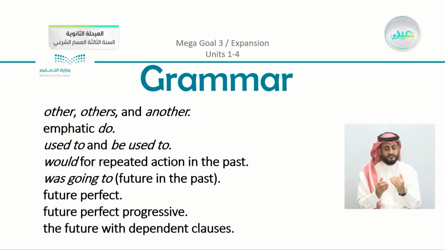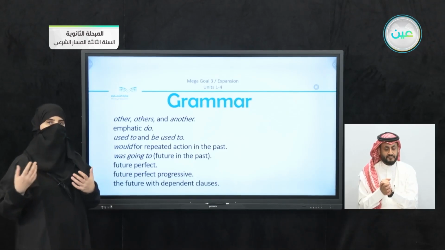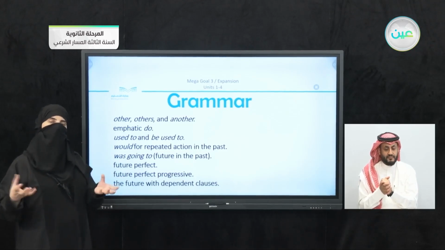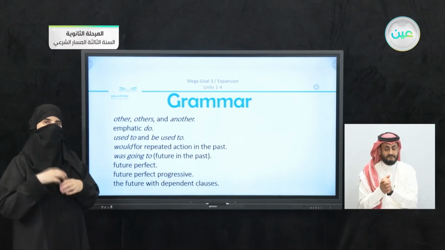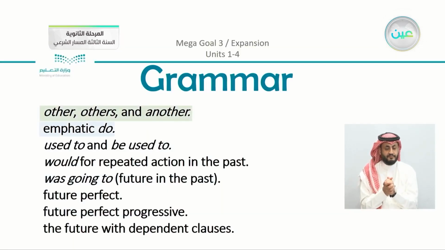Also, we studied in Unit 3 the future perfect and the future perfect progressive and the future with dependent clauses. And also in Unit 4, if you recall, we studied conjunctions. We have here paired, and we have also separate conjunctions that we can use to connect two sentences and two ideas. Now we have here the different parts.